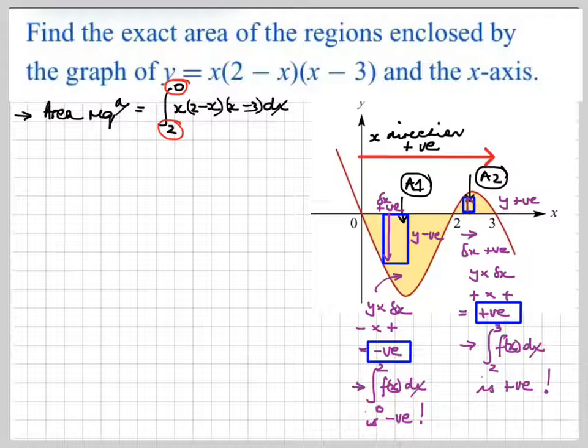So if it was already negative, which it was, turning the terminals around that way means in effect we're moving from 2 back to 0 along the x direction, which means that the widths will now be negative, and a negative width times a negative height gets us a positive. You like that? It's very, very nice, isn't it? And that's the second one.